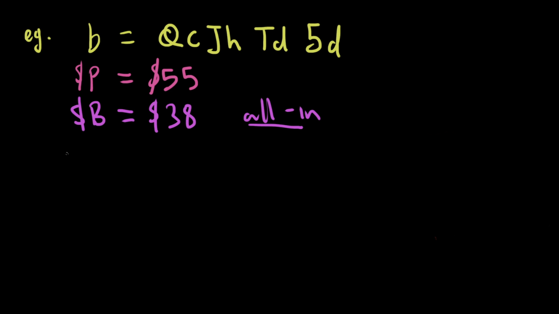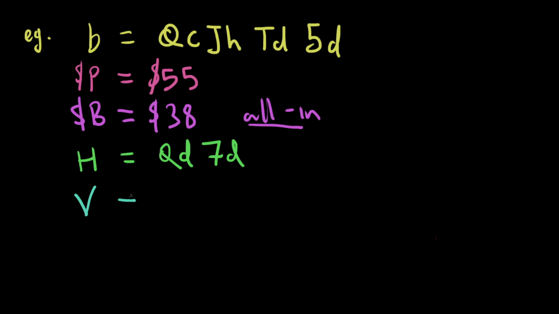We can see hero's hand, so let's call it H. Hero's hand is the Queen of Diamonds, 7 of Diamonds, and villain's hand is a distribution.